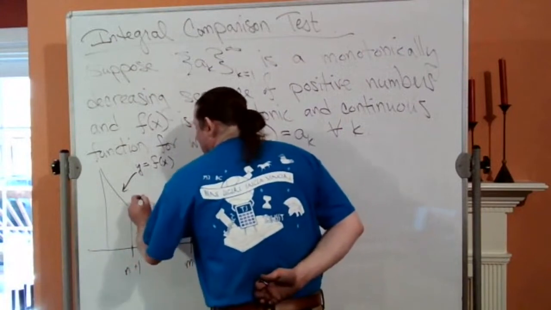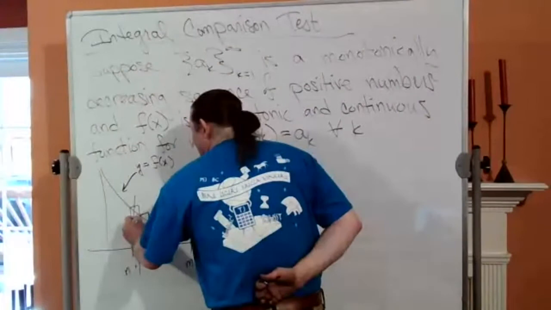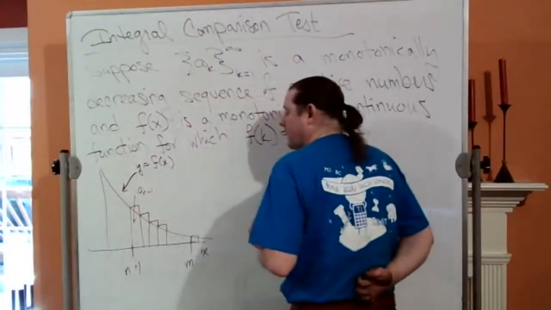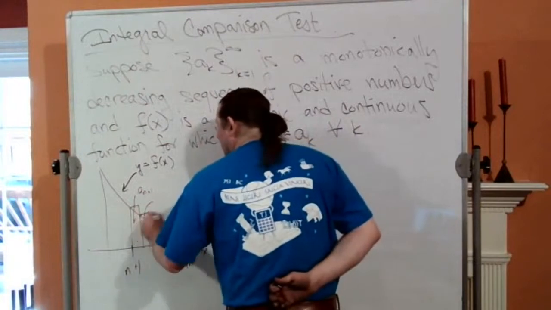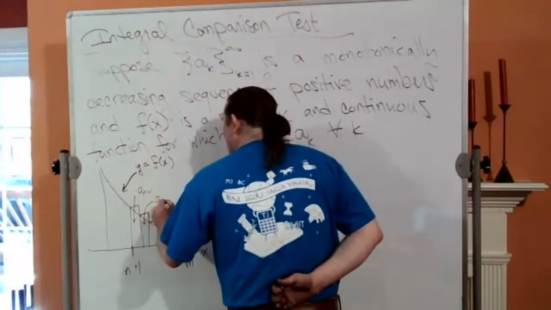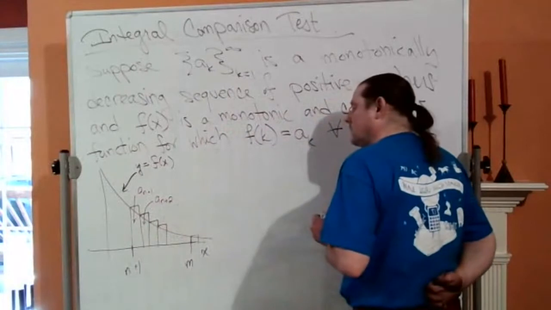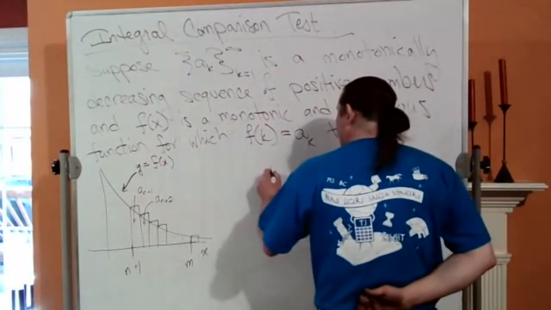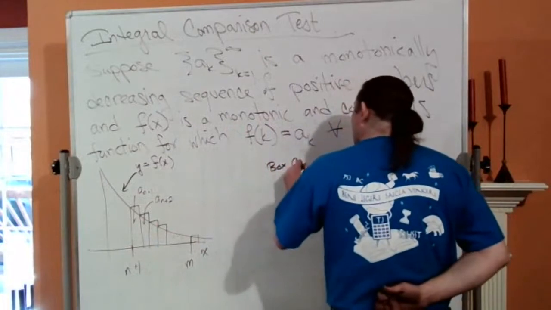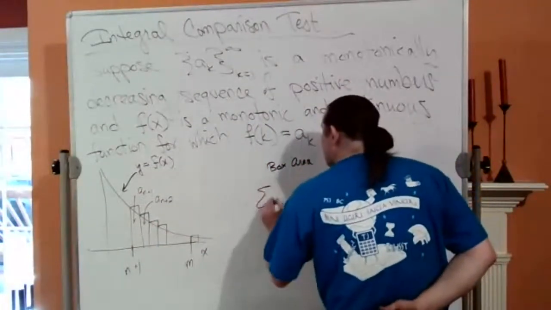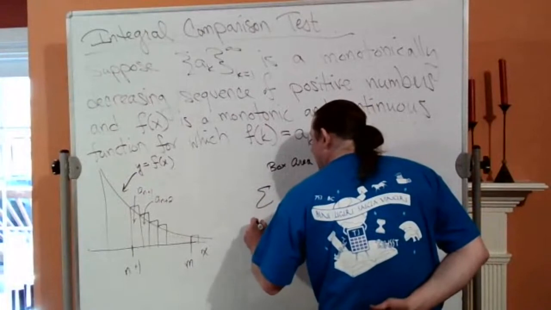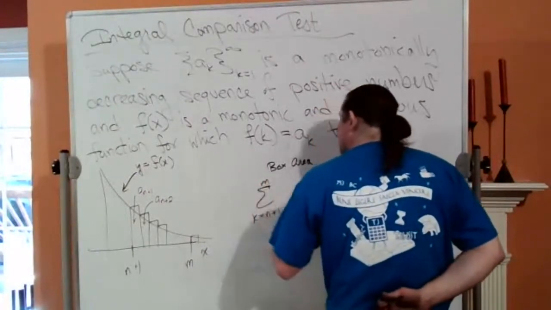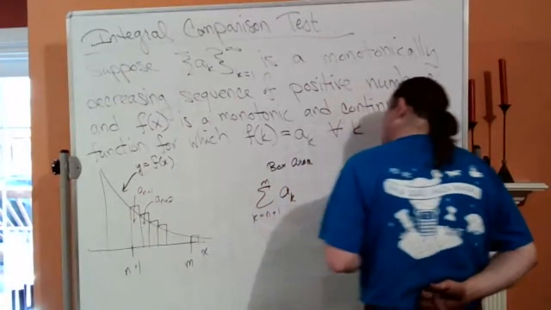The width is 1, so this area in here is a_(n+1). The area here is a_(n+2), and so on and so forth. So the box area is equal to the sum from k equals n plus 1 to m of a_k.